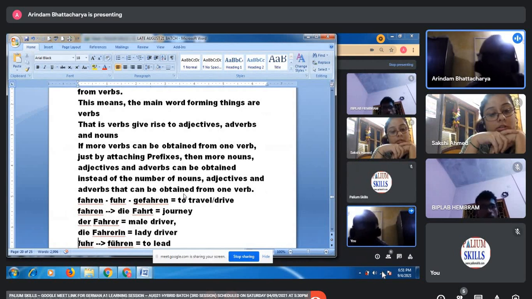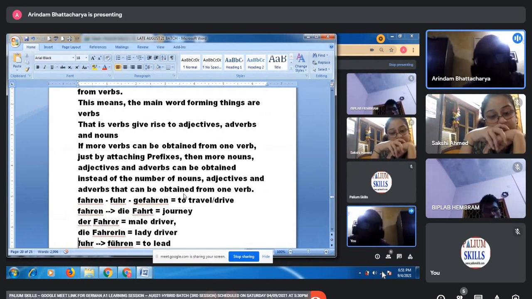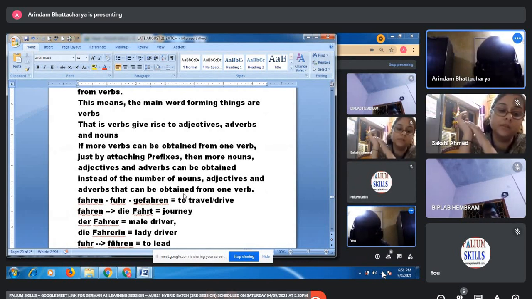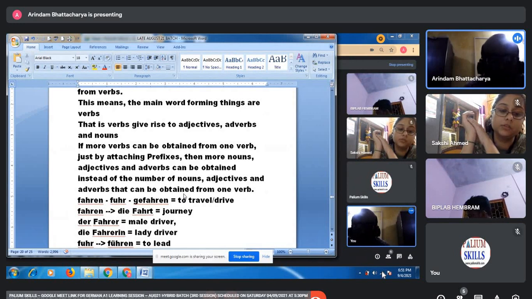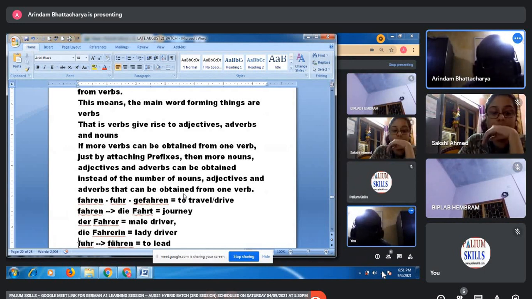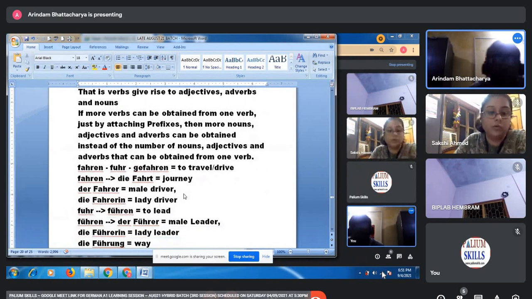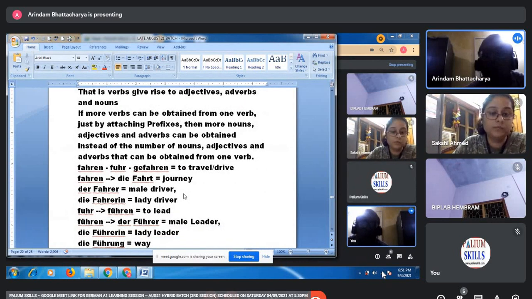But this is something else in English, however. Der Fahrer means male driver. Die Fahrerin, lady driver. Fuhr is the past tense of fahren, drove or traveled.